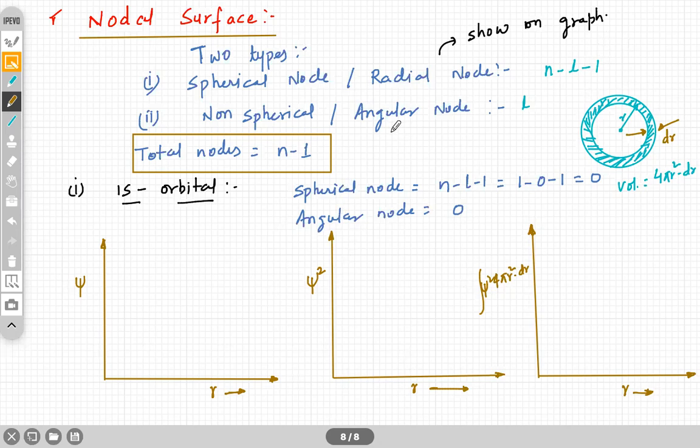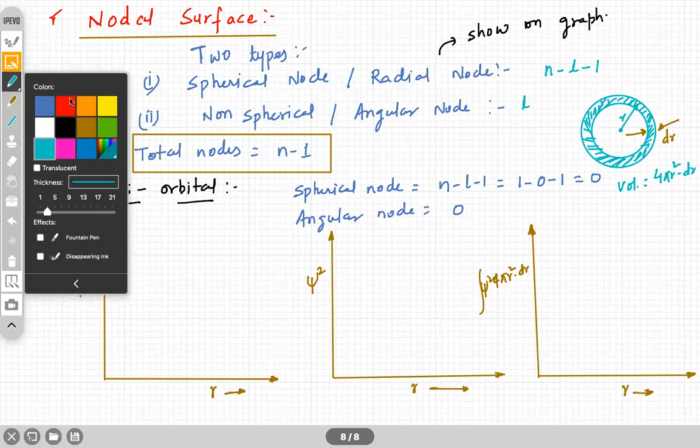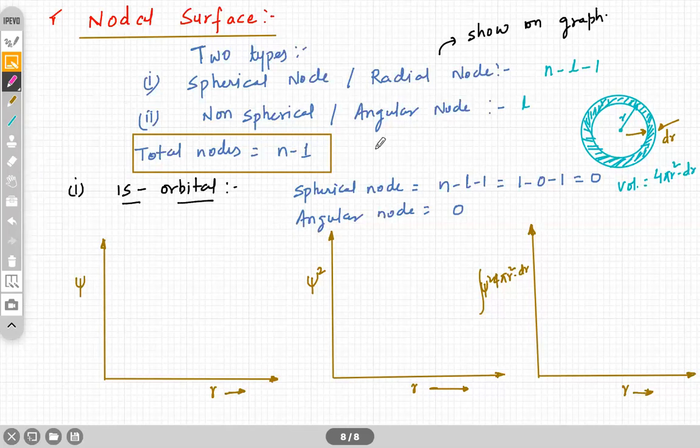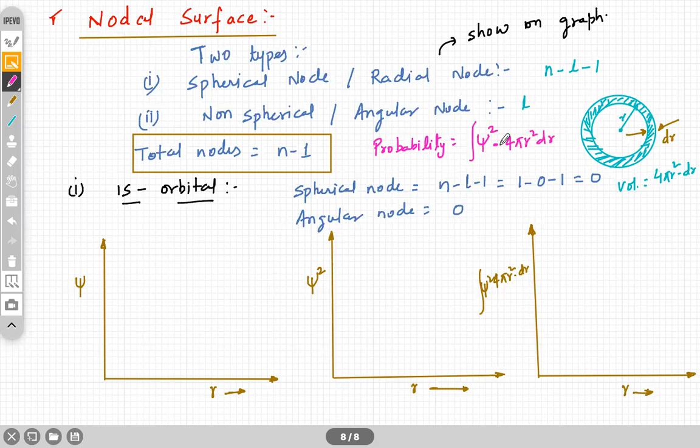So the probability of finding an electron is equal to the probability density function psi square, which is probability per unit volume, into the volume, which for this surface is 4 pi r square dr. So when you integrate this, you'll get the probability. Is it clear now? Tell me.